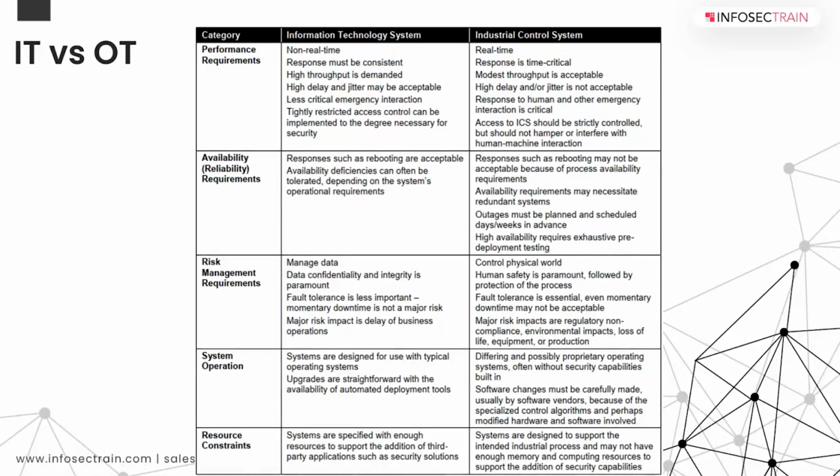And in the next slide, there is communications, change management, managed support, component lifetime, component location. So these are the key categories that you need to understand the difference, especially when we talk about IT or information security, information technology systems versus an industrial control system.